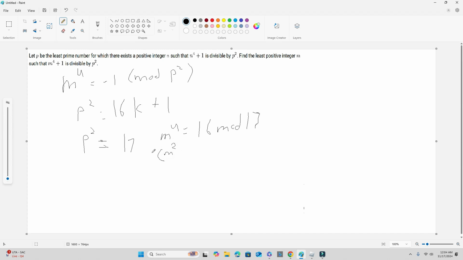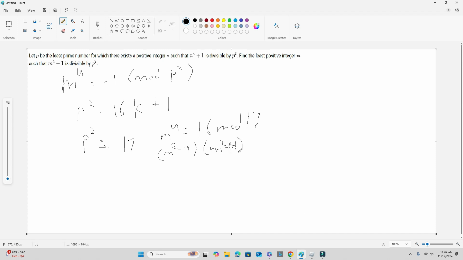m squared minus 4 times m squared plus 4. It's going to be a little tough to see it, but it's alright.